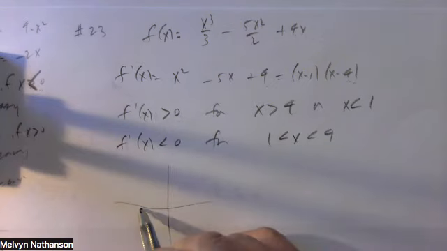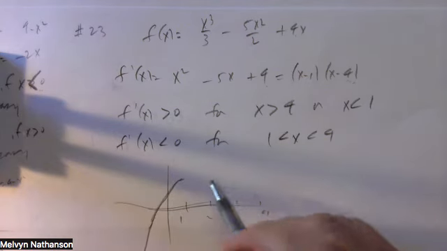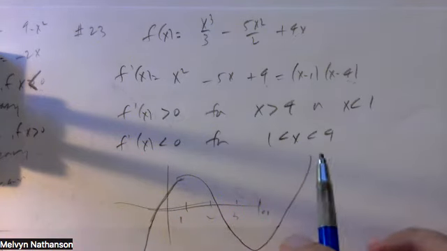So we have 1, 2, 3, 4. The function is increasing for x less than 1. Between 1 and 4, it's decreasing, and then it's increasing again. We have the classic shape of a cubic curve.